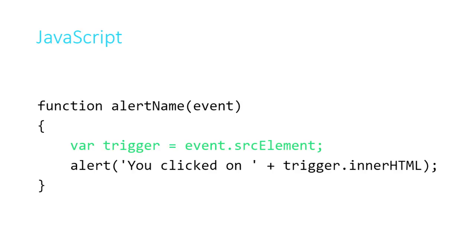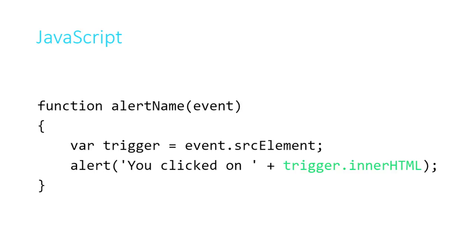Because again, this is automatically generated. The page knows which button we touched. So whichever one of the 2 it was, that button is getting passed into this function. Then, and you'll see a little bit more of this when we talk about the document object model, I can access that trigger's inner HTML to figure out which button was clicked.